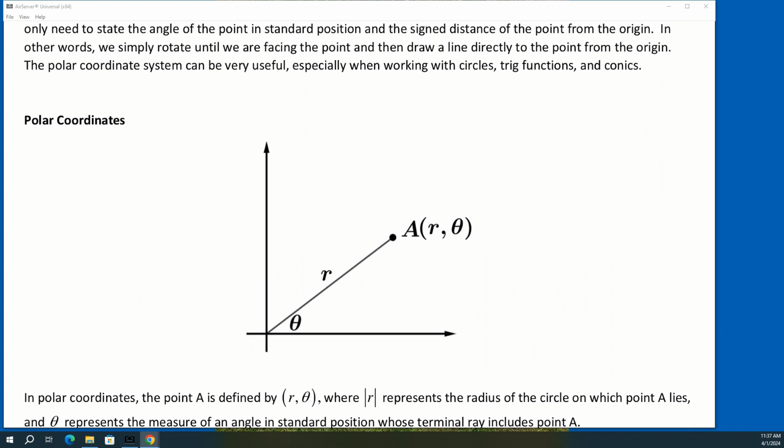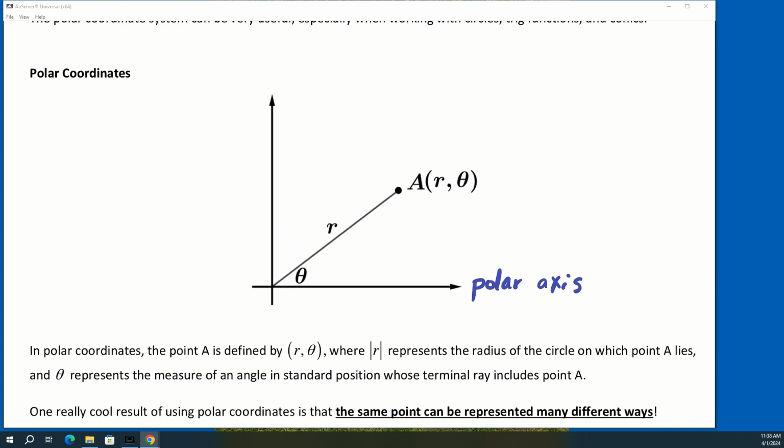All right, so the polar coordinate system only has one axis, and it's this axis that's pointing directly to the right. It's called the polar axis. And instead of the origin, the point that we typically call the origin is called the pole.